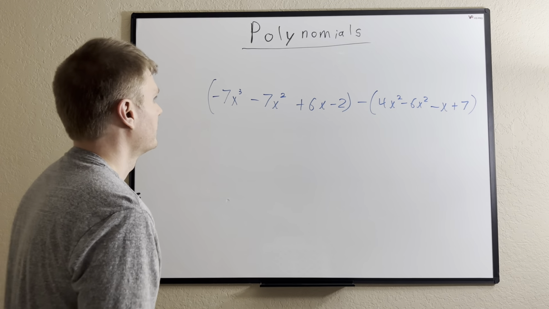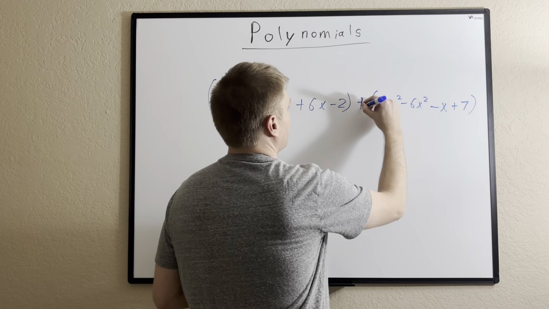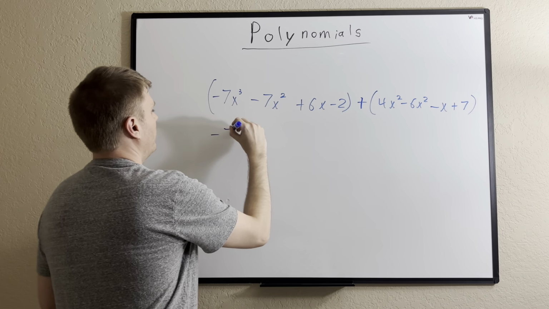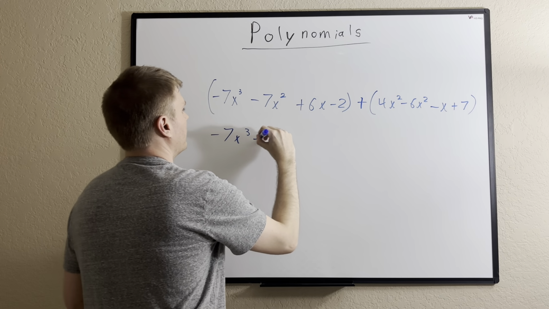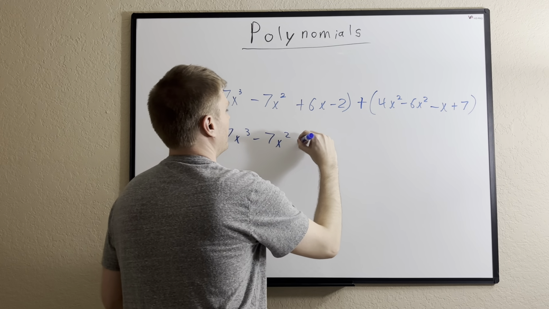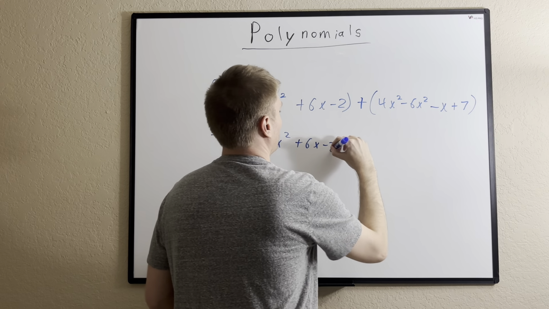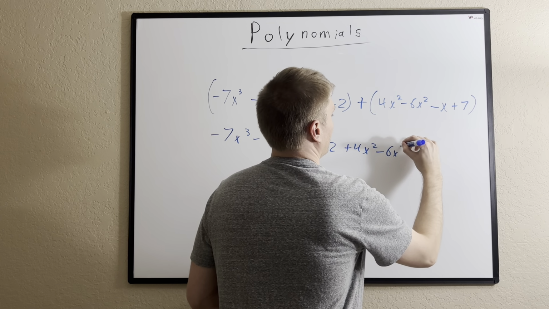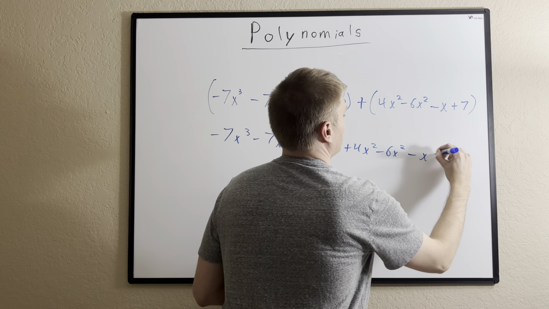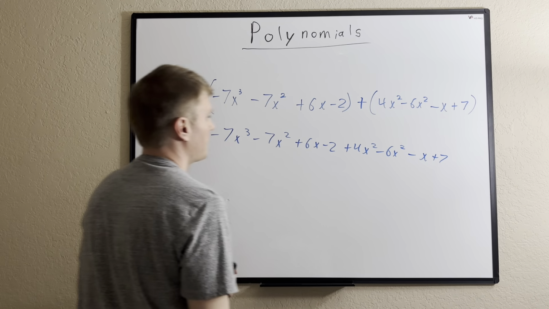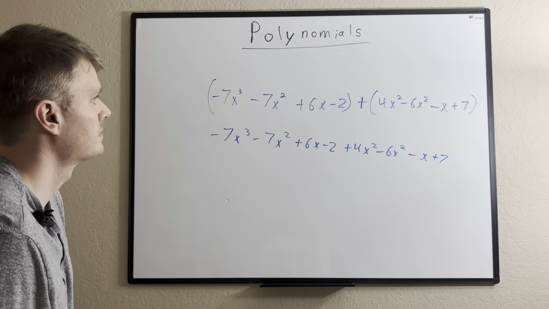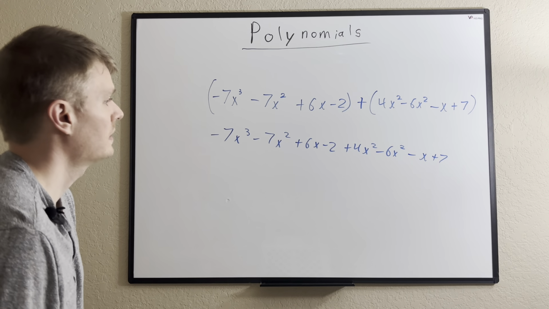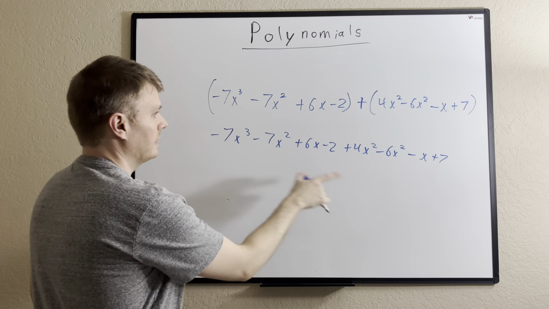If we were adding, we can just write all this out without the parentheses. Okay. Well, let's just go ahead and add them first, since I just did all that.